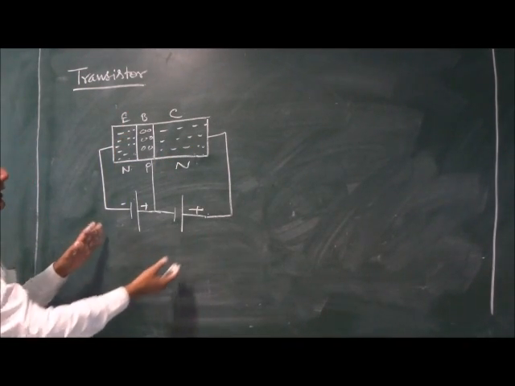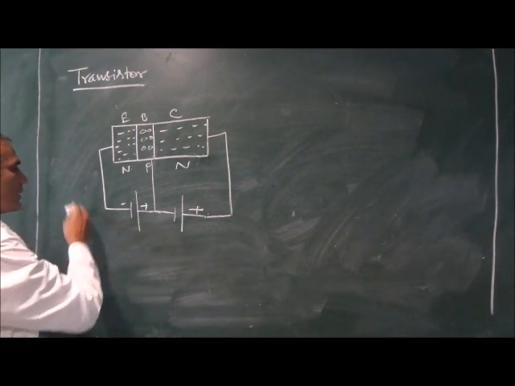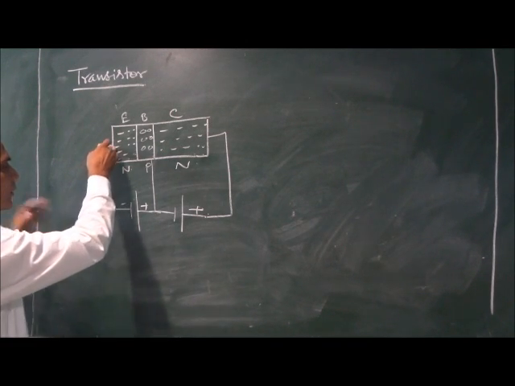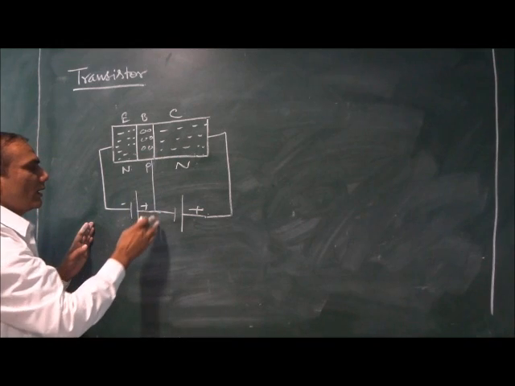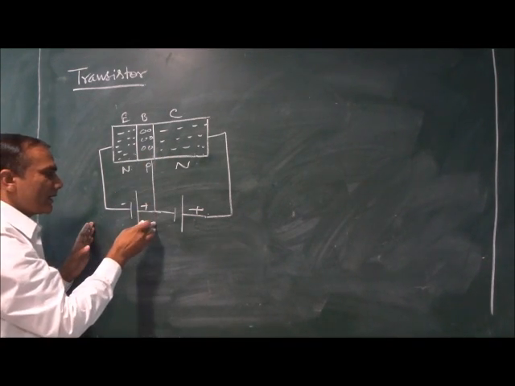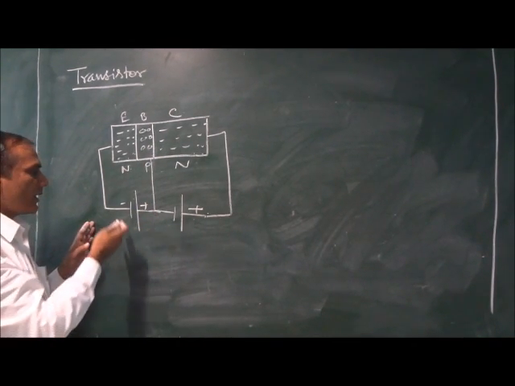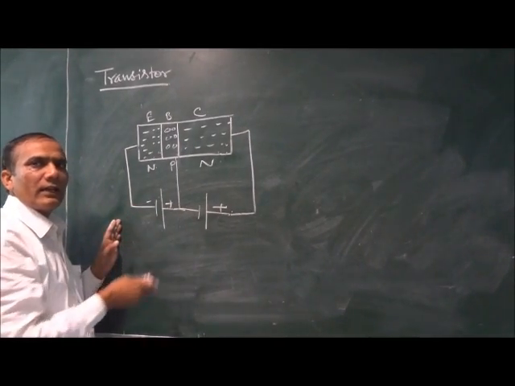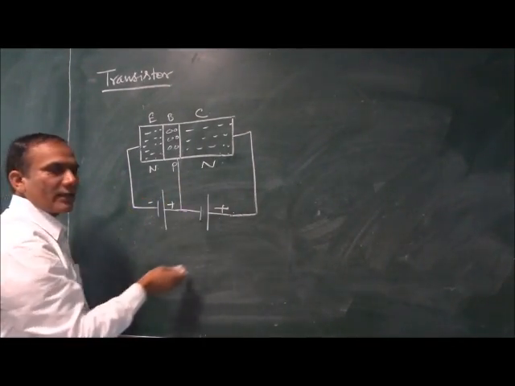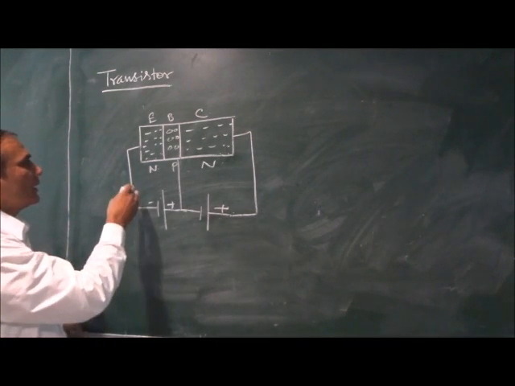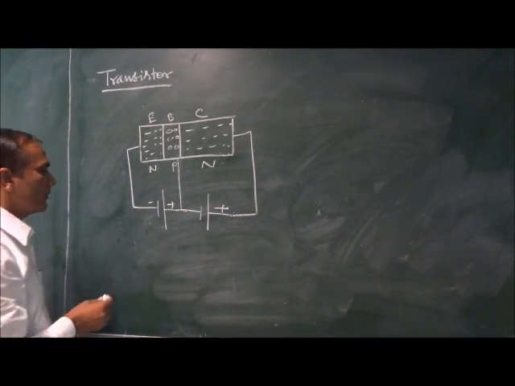If this type of supply is connected, negative is connected to the emitter, positive is connected to the collector, and the base is connected to a slightly positive power supply with respect to the emitter. This is to be done. Now if you apply this type of biasing, let us see what happens.